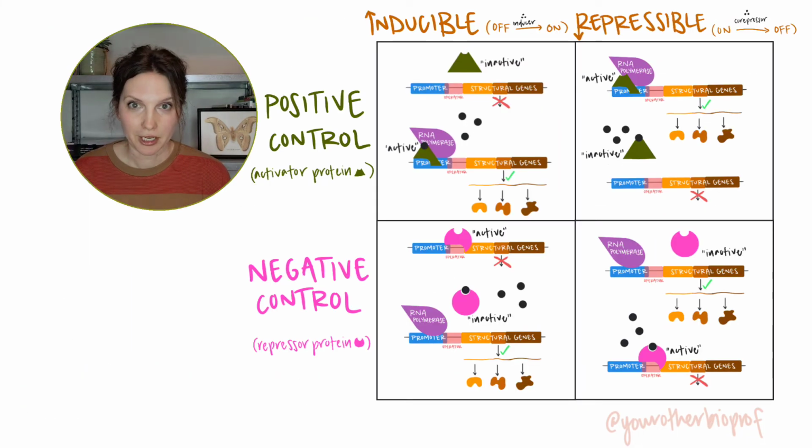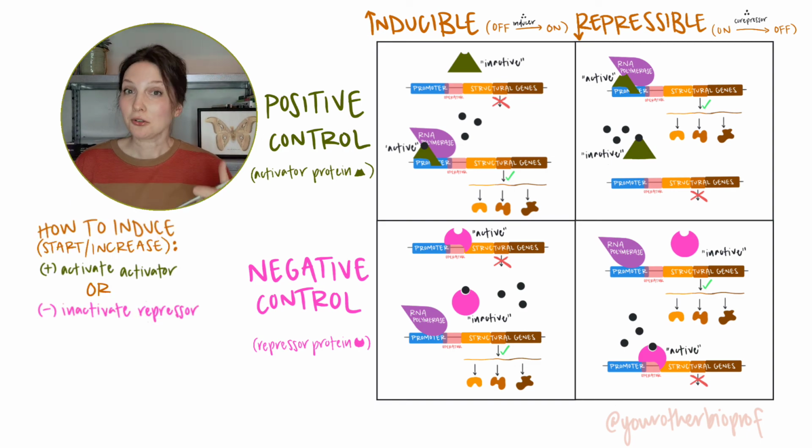In a big, messy summary here, inducer is going to lead to increased transcription in inducible operons by either activating an activator in positive inducible operons or by inactivating a repressor in negative inducible operons.